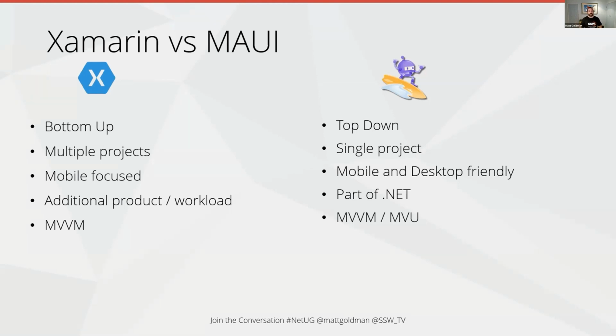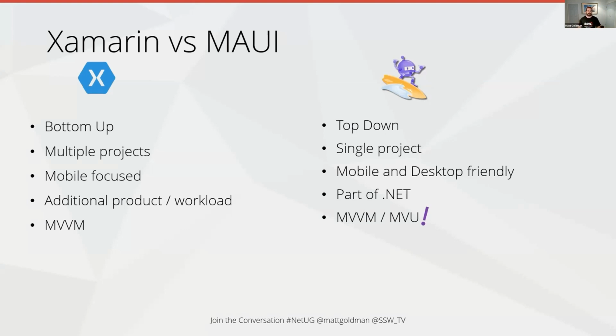In MAUI, you can still do MVVM, but you also have the choice of MVU. MVU is model view update, and this is the pattern that's familiar to traditional iOS developers or React developers. Now you can, of course, do MVU in Xamarin as well through community support. It is experimental in MAUI. If you see this little purple exclamation mark come up anywhere tonight, it's something that is experimental or not quite baked yet.